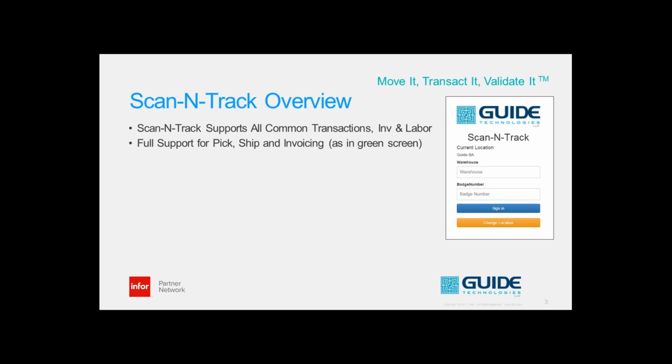So we allow you to collect the data as if you were in a green screen environment, and we process it that way. You can do partial shipments and ship from locations other than default stock locations, things where PowerLink still limits you even today. So we have a front end capability for that.